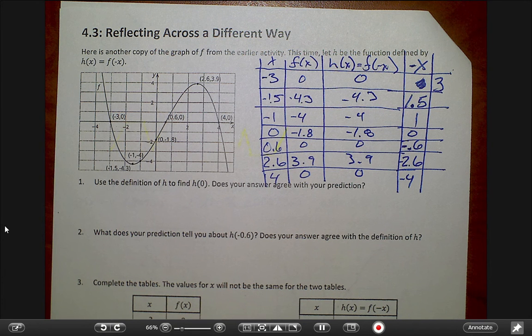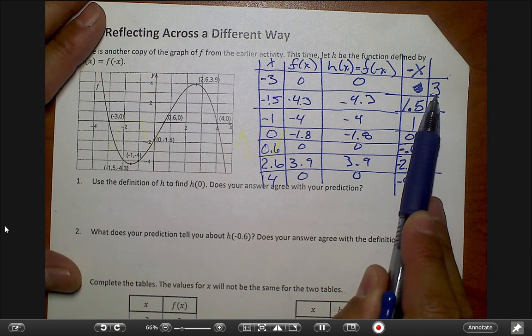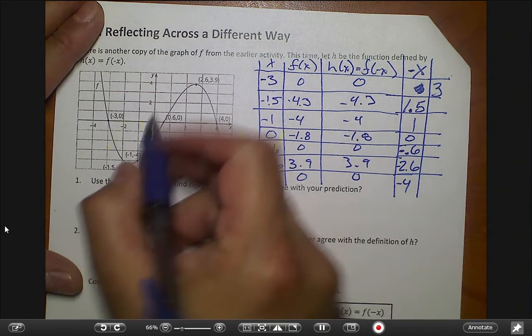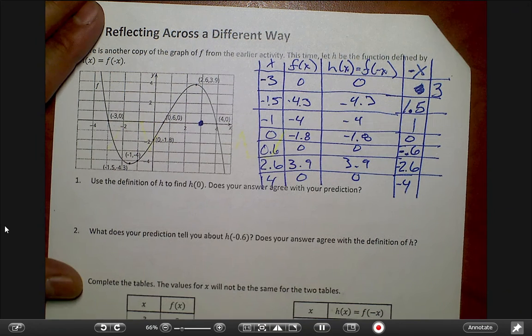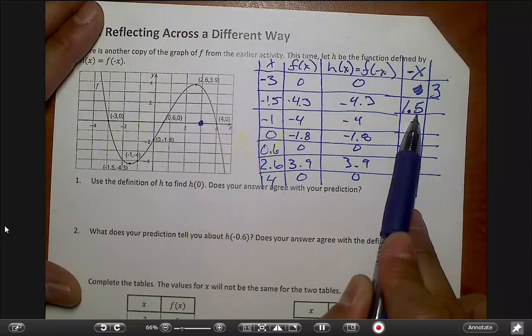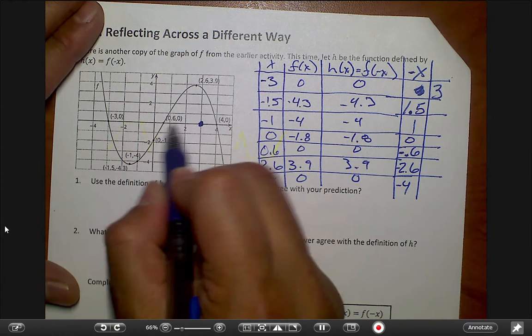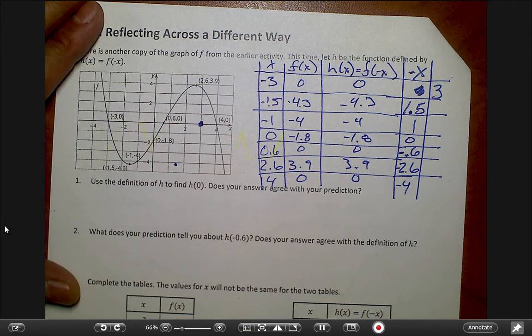All right, so let's go through and see what's going to happen. At positive 3, my y value is 0. Put a dot right there. At positive 1.5, my y value is negative 4.3. The next one is at 1, negative 4.